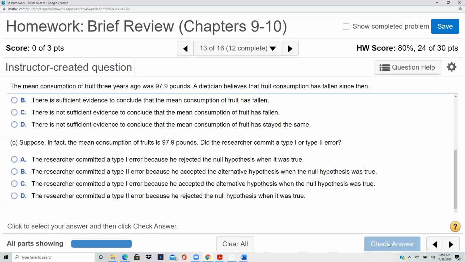Let's put your English to test again. A goes with like the definition. The definition doesn't say anything about the alternative. It's just talking about the null. Right, very good.